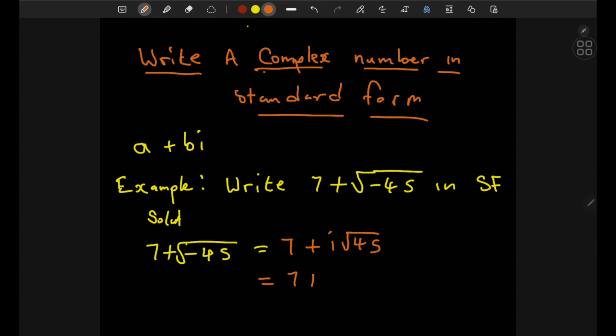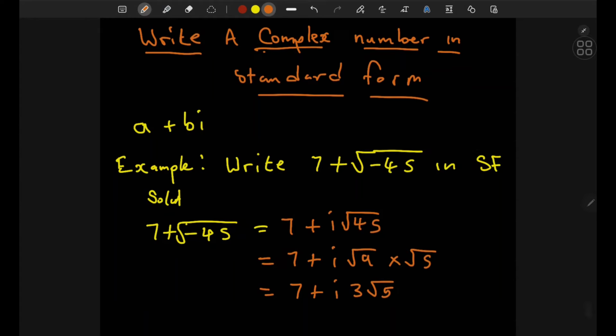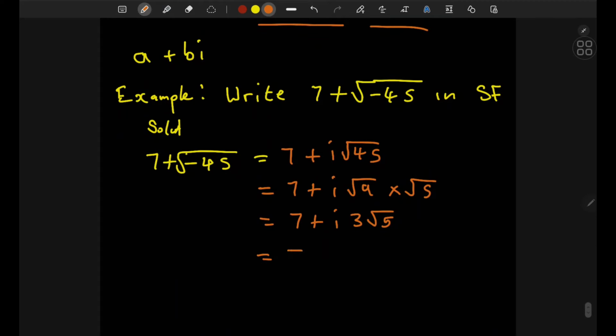So we'll have 7 plus i. So the two numbers we are having is square root of 9 multiplying with the square root of 5. 9 times 5 is 45, so we've broken it down. And the square root of 9 is 3. So that means we'll have 7 plus i, 3 square root of 5. But the proper way to write it is we write 7 plus 3i, then square root of 5. And this is in standard form.